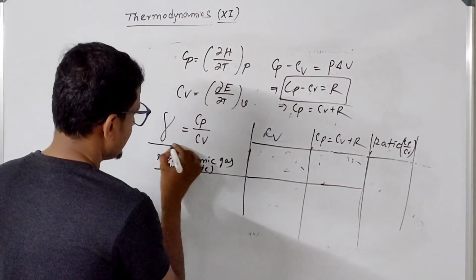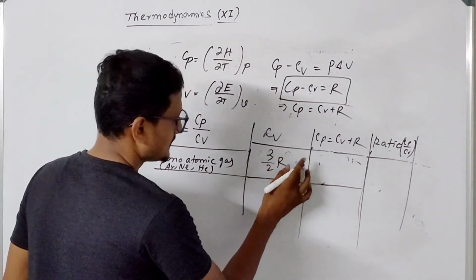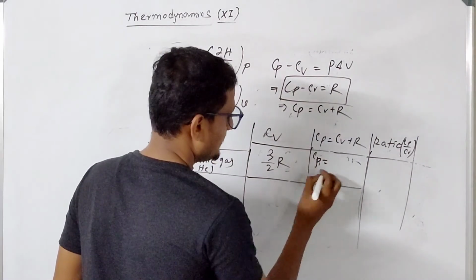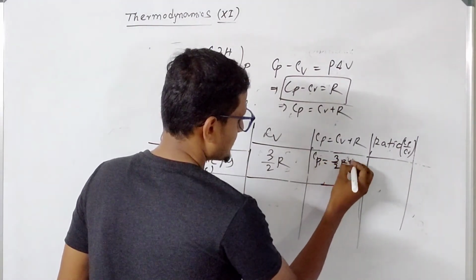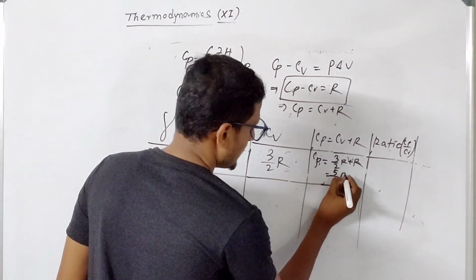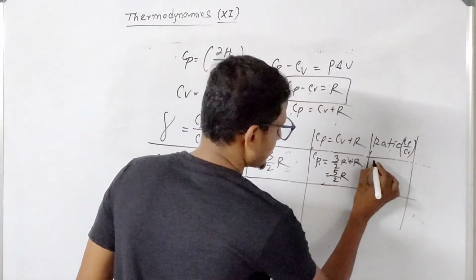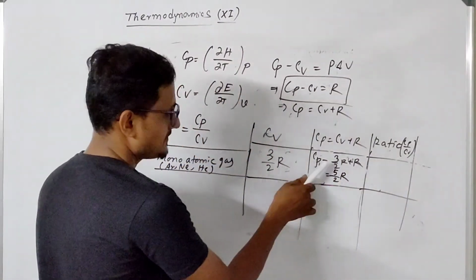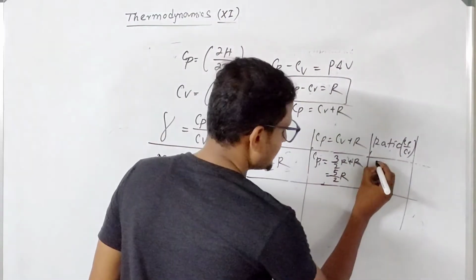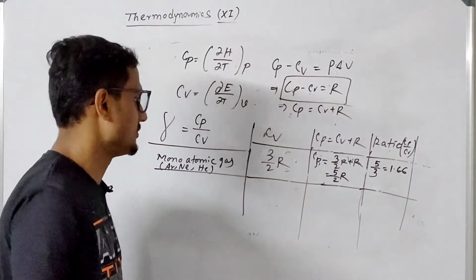For monoatomic gas, Cv equals 3/2 R. So what will be Cp? Cp equals 3/2 R plus R, so it becomes 5/2 R. So what is the ratio of Cp by Cv? Cp is 5/2 R and Cv is 3/2 R, so it is 5/3, about 1.66 for monoatomic gas.